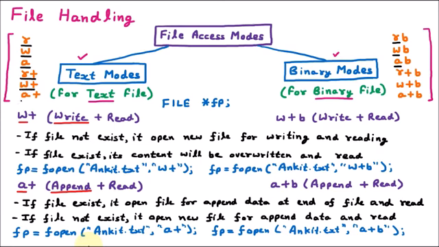Appending as the major, append plus. And corresponding to that, we have the binary modes, which are R plus B, where B stands for the binary file, W plus B and A plus B. At the end, we have added the B. So here the modes of the text file and the binary file are the same. Only the B is added at the end, and B stands for the binary file. So that is all about the file access modes.